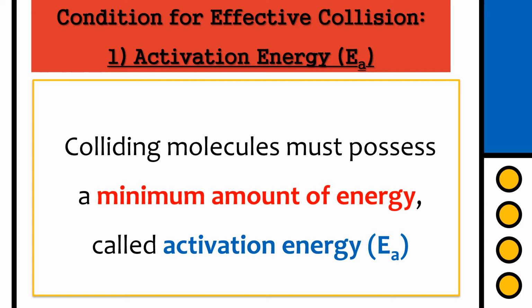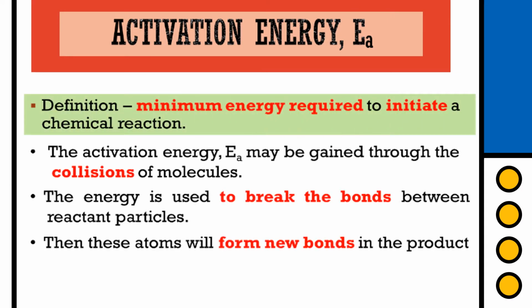Like I mentioned before, the definition of activation energy is the minimum energy required to initiate a chemical reaction. The activation energy may be gained through the collisions of molecules. The energy is used to break the bonds between the reactant particles, and then these atoms will form new bonds in the product.